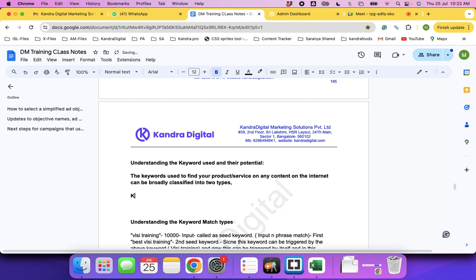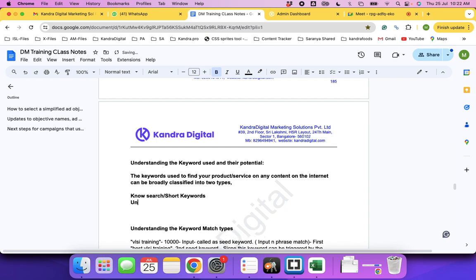One is known searches or short keywords, unknown searches or tail keywords.